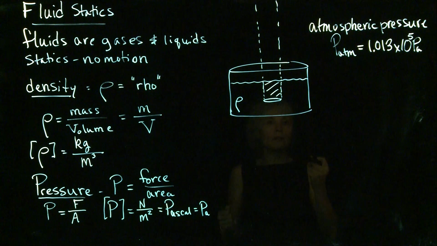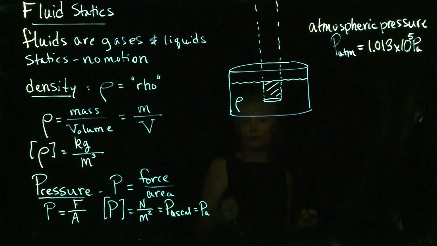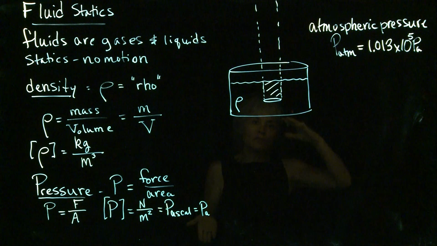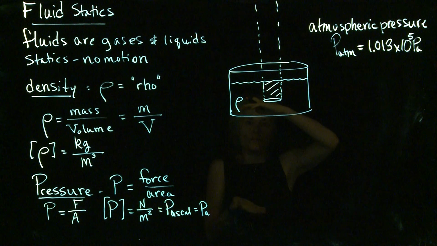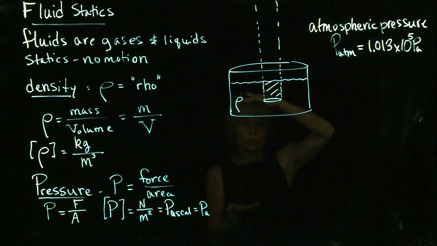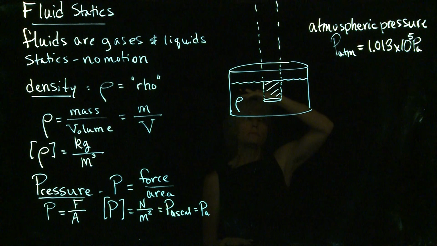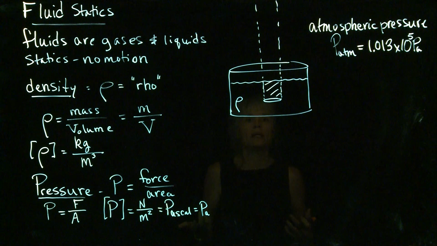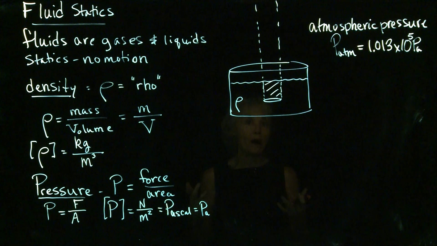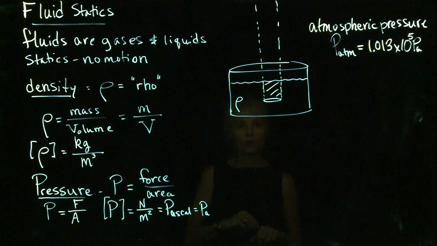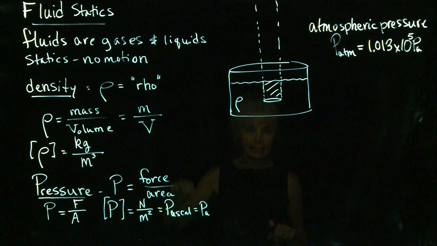So as we climb up from sea level to, for example, Albuquerque, which is about a mile above sea level, the atmospheric pressure drops because the column of molecules above us is a shorter column than when we are down at sea level. So atmospheric pressure varies depending on where you are. It also varies depending on how humid the air is. But anytime that we are going to be using atmospheric pressure, we're going to go ahead and use the atmospheric pressure that is measured dry air at sea level.